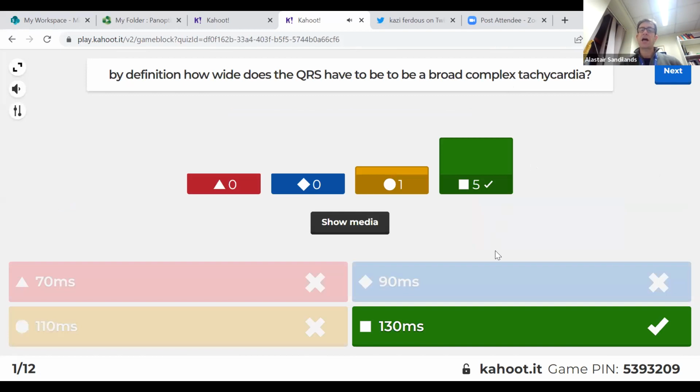Yeah, so greater than 120, remember, 3 small squares. The QRS has to be greater than 3 small squares.